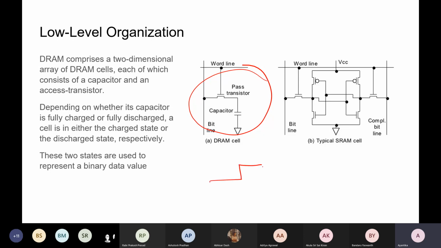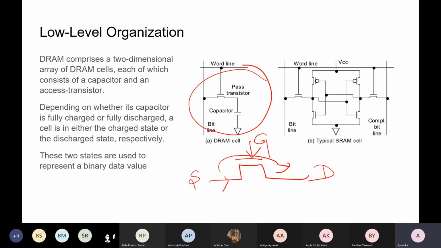When we talk about DRAM, most of you know what we have. Let's start with the basic transistor, nothing else. This is the gate part, this is maybe the source, and this is your drain. When you apply a significant voltage to the gate, there is a possibility of passing information.